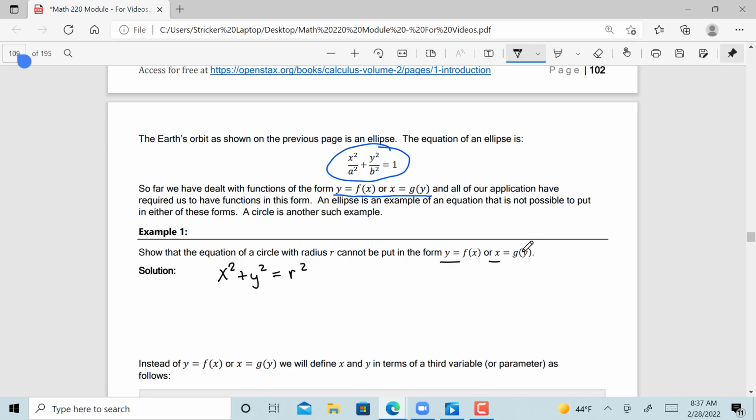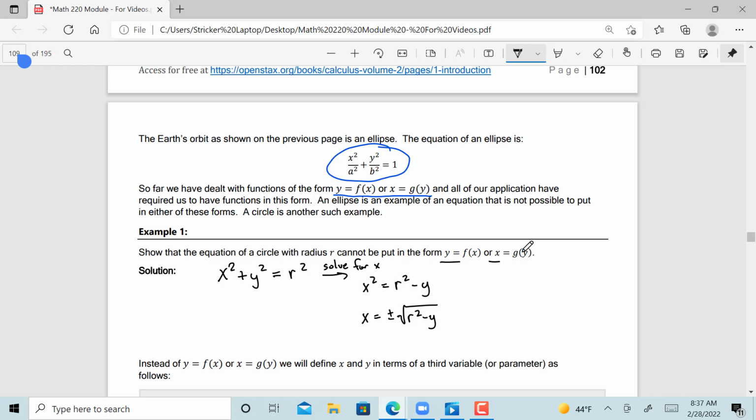Let's try to do that. So if we solve for x, we're going to get x squared is equal to r squared minus y squared. And then when we take the square root, we get x equals, remember, it's plus or minus the square root of r squared minus y squared.